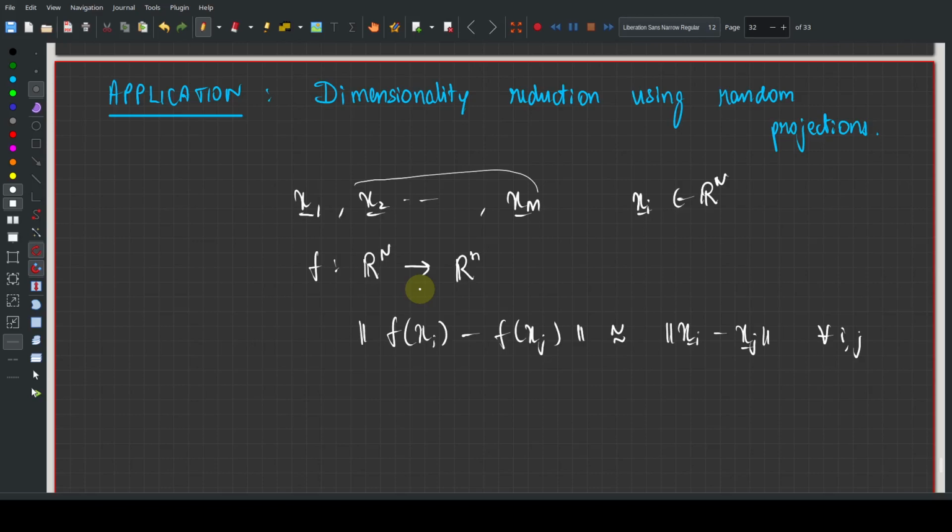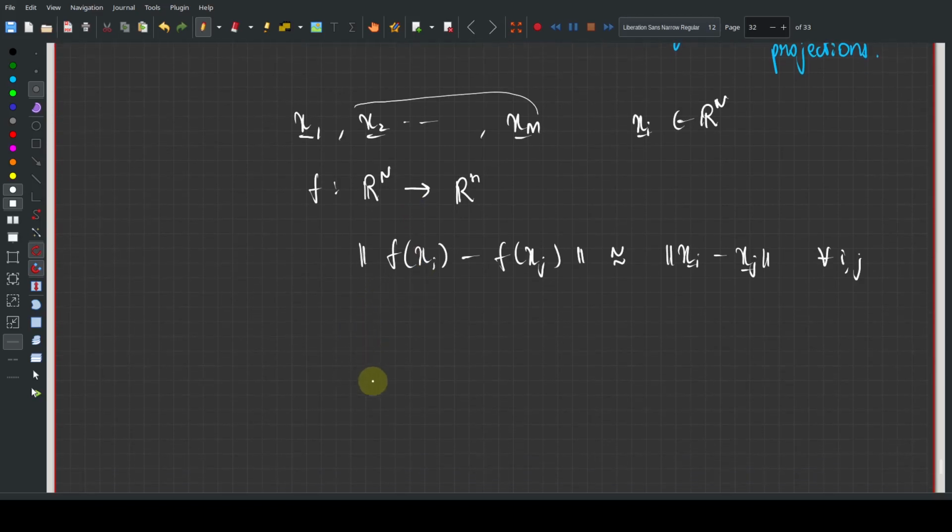Capital N. So I'd require roughly order N times m operations if I were to perform these operations in R^N. But if I project down to a smaller subspace, and I have this particular property, then the total number of operations goes down to little n times m.